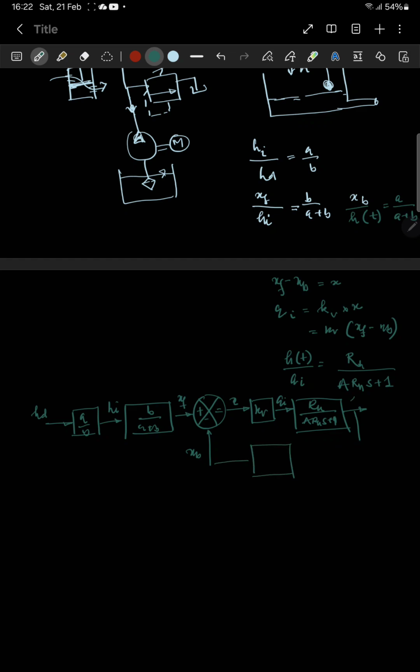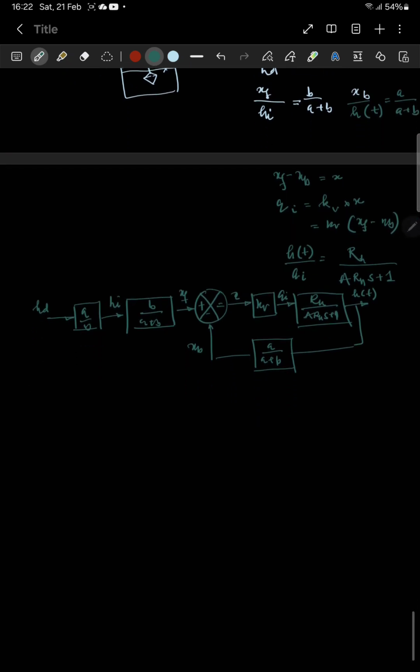This gives me h of t. Now h of t into a by a plus b will give me xb, right? This is the circuit diagram. We have this as a by a plus b.